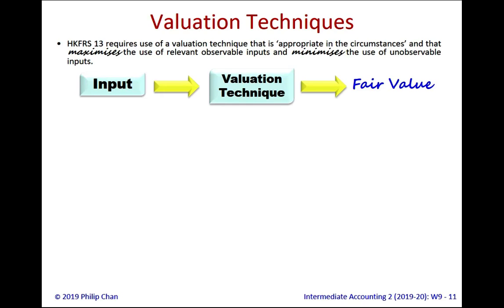And when we try to use the valuation technique, we have to ensure that we pick the technique that maximizes the use of observable input and minimizes the use of unobservable inputs. Observable input, you can consider that, for instance, it could be market available data, and unobservable could be non-market available data.